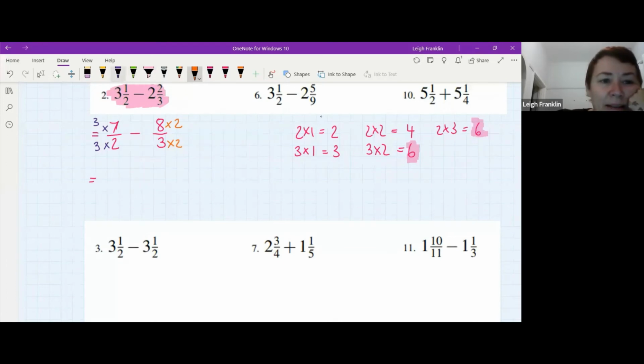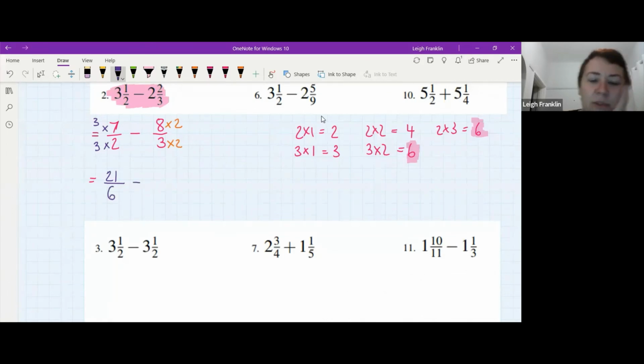Okay, we're nearly there. Now you have to tell me, what is 3 times 7? 21. Excellent. And 3 times 2 is? 6. That's it. That's our lowest common denominator.